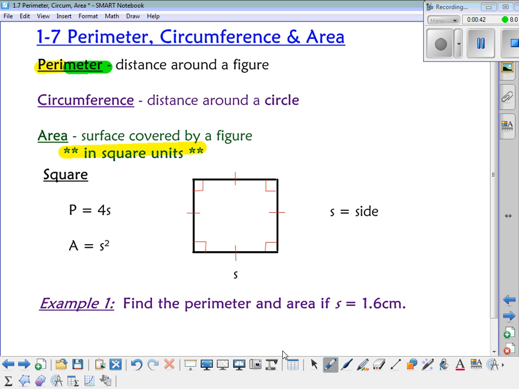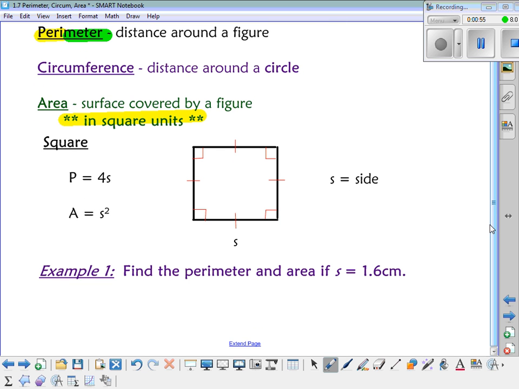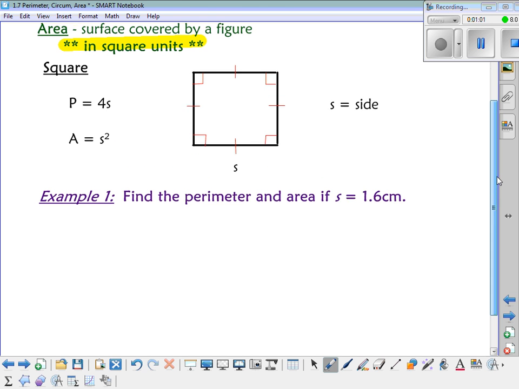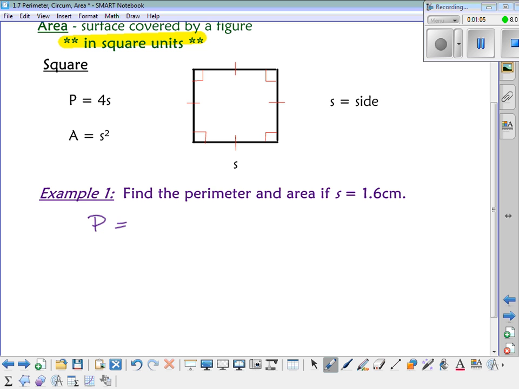So for a square, to find the perimeter, we just add up the four sides, so it's just going to be 4 times whatever the length of the side is. And then the area is just the side squared. So for example, if you have a square with sides equal to 1.6 centimeters, to find the perimeter, you're just going to do 4 times the length of the side, 1.6, and that would be 6.4 centimeters.